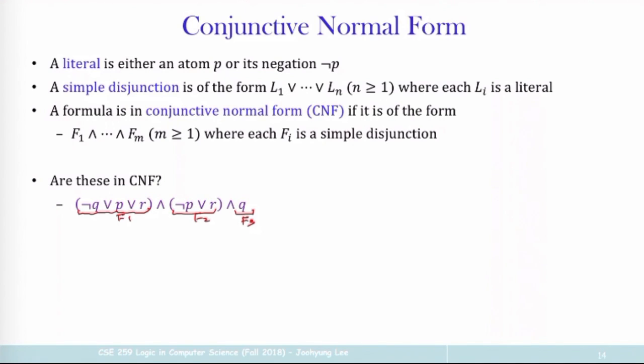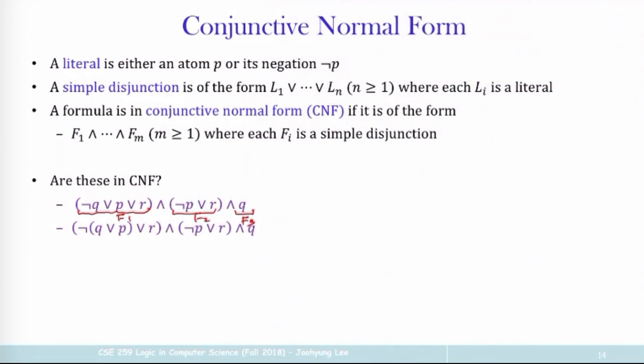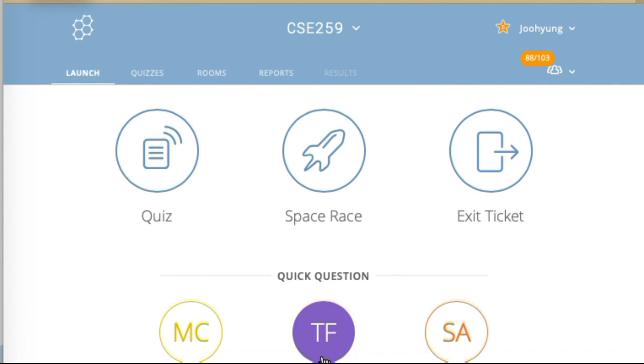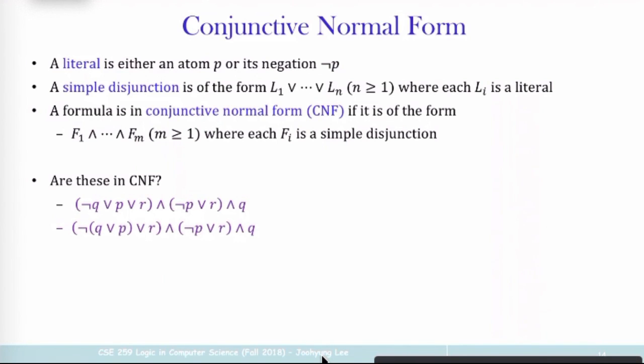Okay, the next one. Let me erase these. Look at the second formula. Let me finish off this and do true false again. Let's start. So second formula, is this CNF or not?